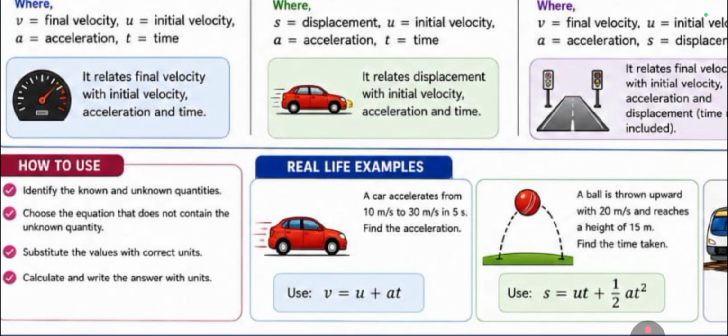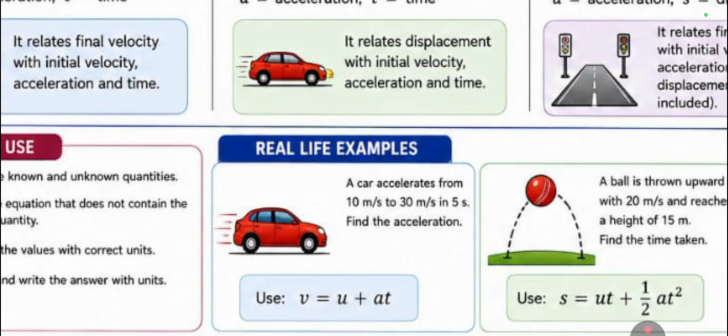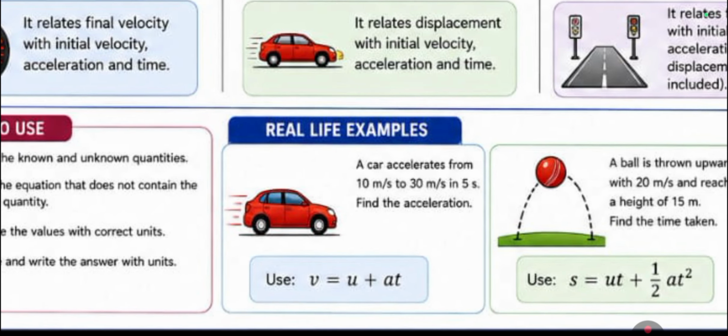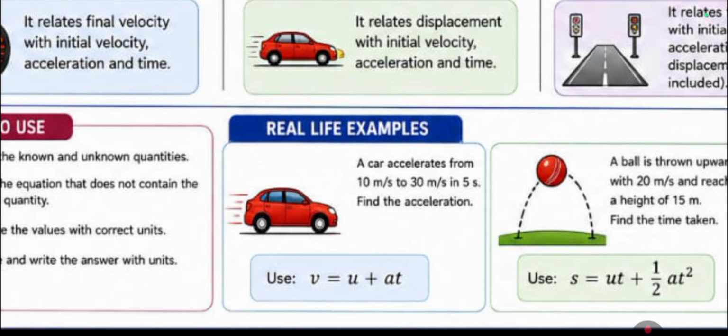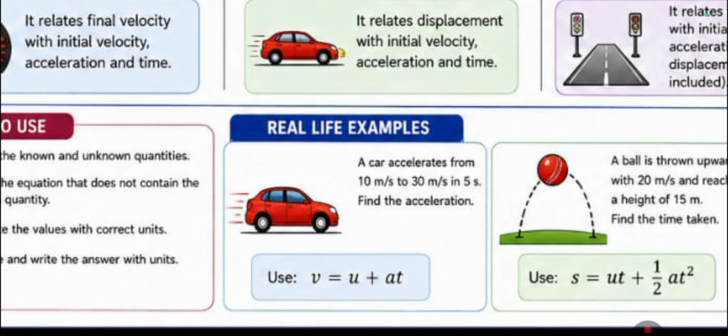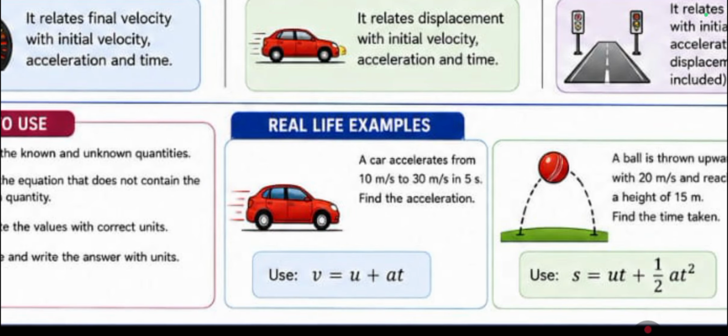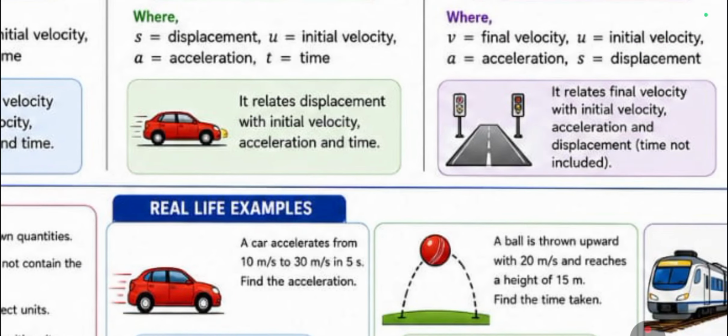Okay, here we substitute: the final velocity 30 meter per second is equal to the initial velocity 10 meter per second plus a into t, which is 5. So we have to find a.